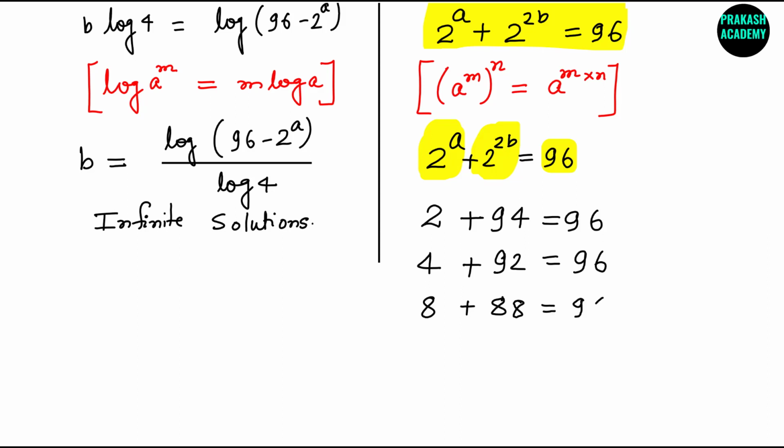So we are considering the first term as 2 raised to the power 1, 2 raised to the power 2, and 2 raised to the power 3. Now we have 2 raised to the power 4, that is 16, and then 16 plus 80 gives 96.